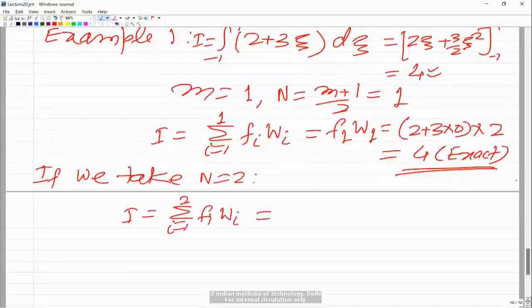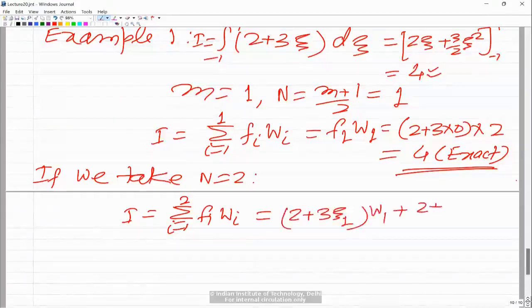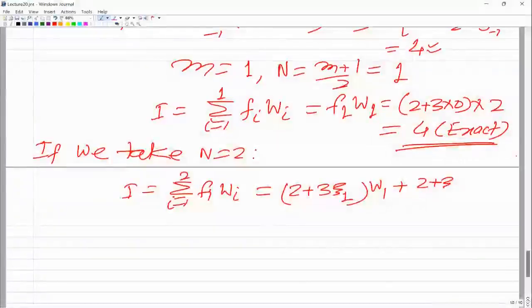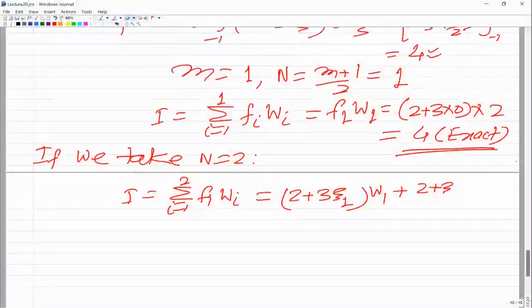The function is evaluated at the first location, 2 plus 3 into xi1 into w1, plus, since you are summing over all the Gauss points, 2 plus 3 into xi2 into w2, and you put in the values.